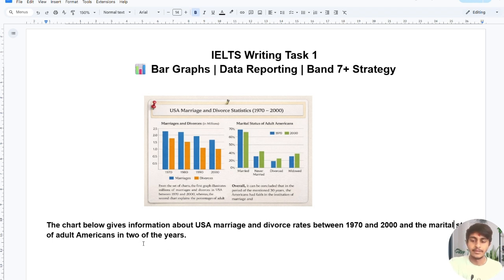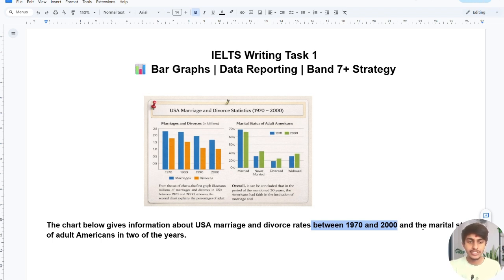So, the charts below give information. This is a natural reporting phrase with no opinion, no judgment. USA marriage and divorce rates clearly defines the topic, and between 1970 and 2000 tells the examiner it is past data, a fixed time period, so past tense must be used.